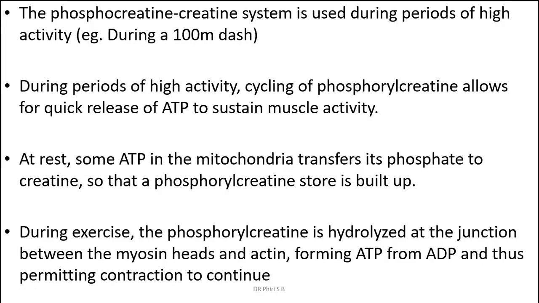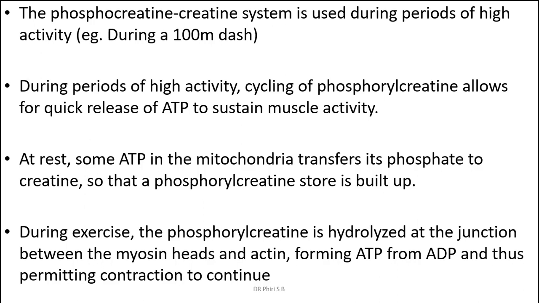So the phosphocreatine system is used during periods of high activity. An example is a 100-meter dash. When you're running 100 meters very fast, what you'll be using there is the phosphocreatine system, because the ATP in the muscles won't be enough to sustain you to run that 100 meters.